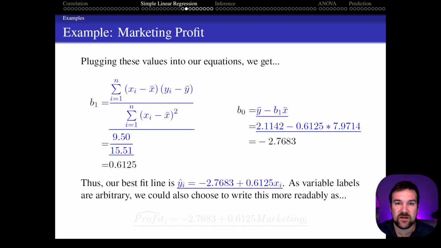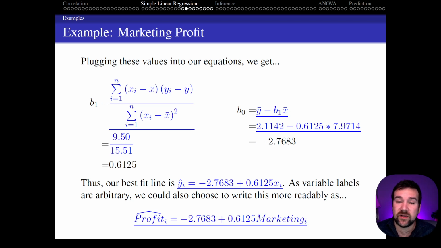So our best fit line, if I plug this into my y hat, and again, y hat just means my best guess, essentially the line's guess for each data point, is y hat sub i equals beta 0, the intercept, negative 2.7683 plus 0.6125 times x sub i.